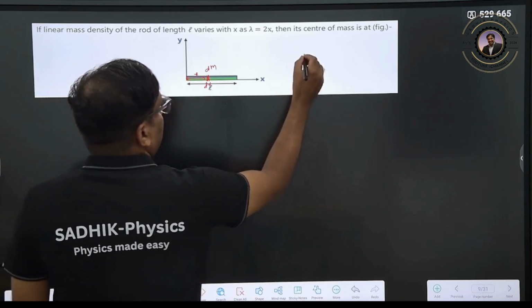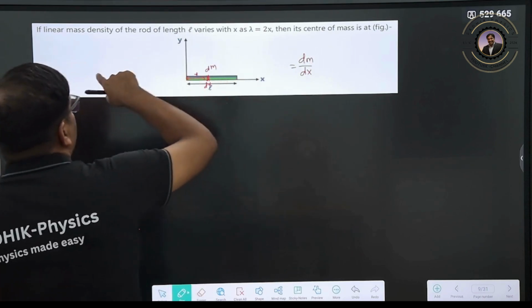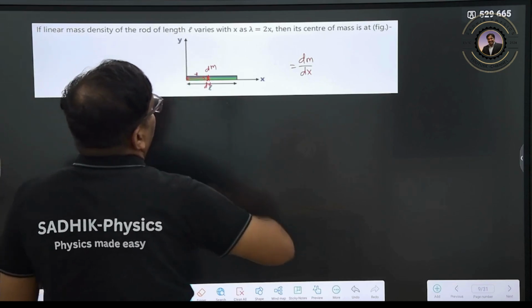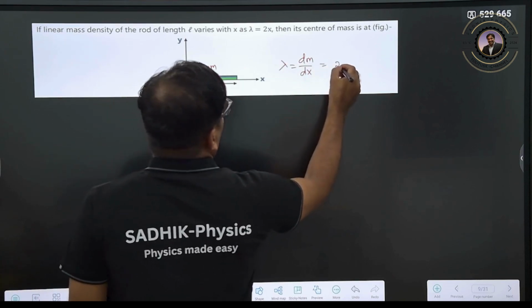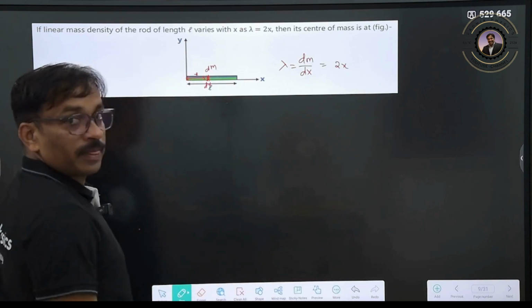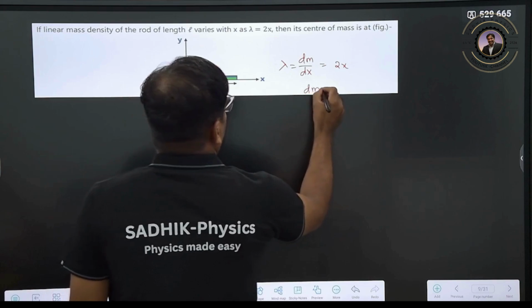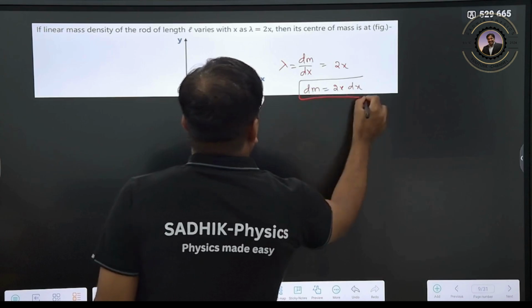We know that dm by dx is the linear mass density, and the length is L. This linear mass density lambda is given as 2x. This is not constant. Clear? So the dm value is dm equals 2x into dx.